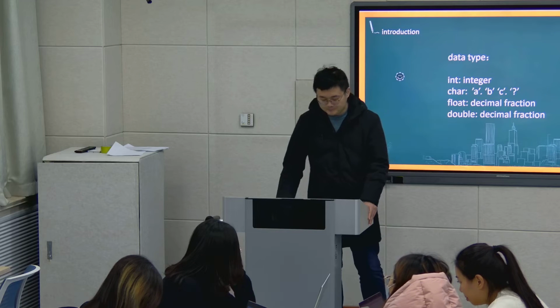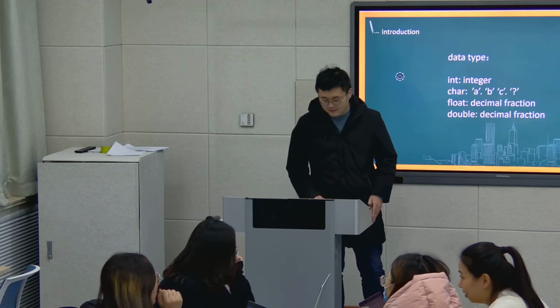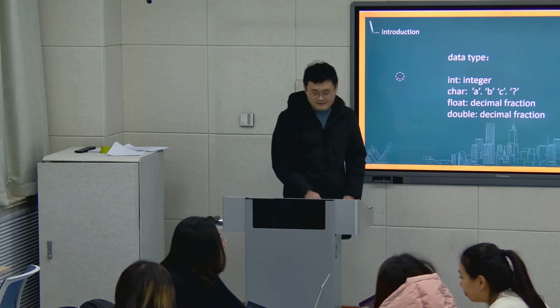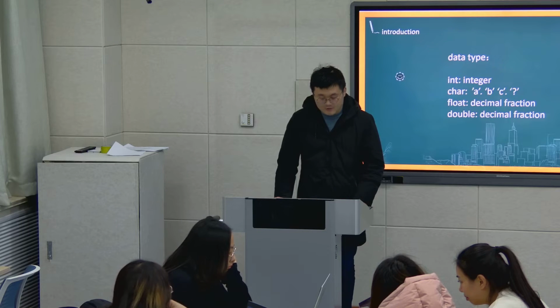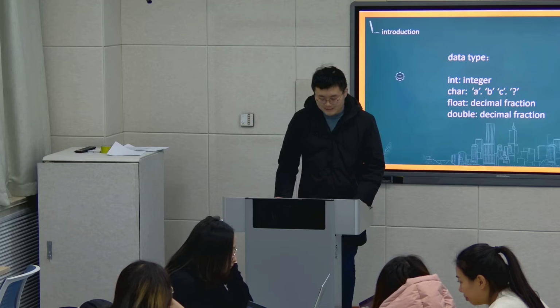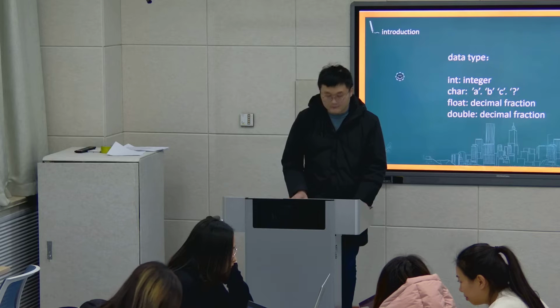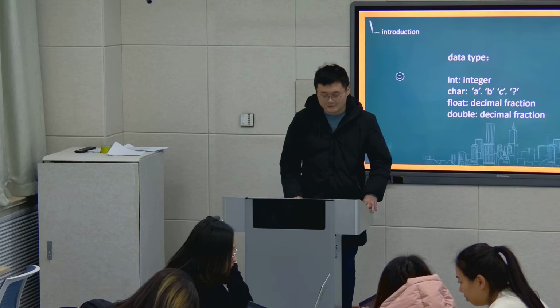So let me give you a brief introduction to data types. Here are four data types that we use often. They are int, which means integer, just a number like 1, 2, 3, 4, 5, or 100, 200. It's easy, right?